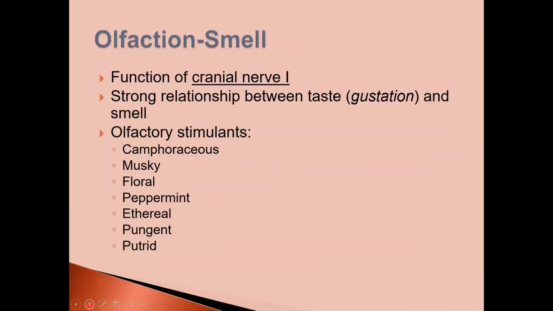So what's olfaction then? Well, this is the function of smell, and it's really the function of cranial nerve number 1. And there's a strong relationship between taste, which is gustation, and smell. There's a few stimulants of olfaction, but we're not going to talk about them. They're just camphoraceous, musky, floral, peppermint, ethereal, and pungent and putrid. Those are the olfactory stimulants.